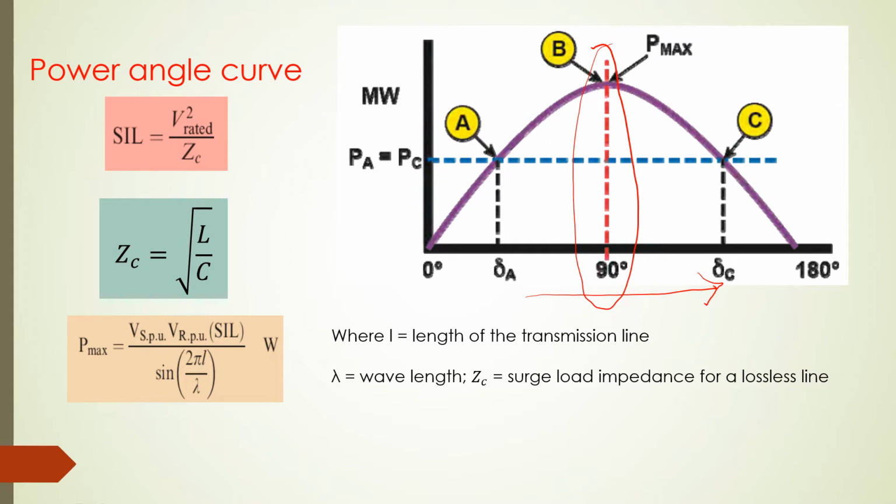These three equations we are going to use for our calculation. The first one is SIL, surge impedance loading. It is equal to V rated squared over ZC. ZC is the surge impedance of a lossless transmission line. Pmax is the maximum power that we can transmit over this line to the load.